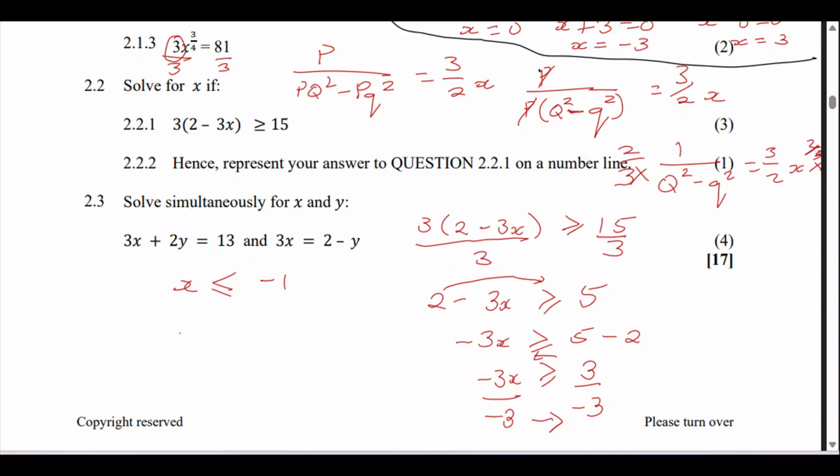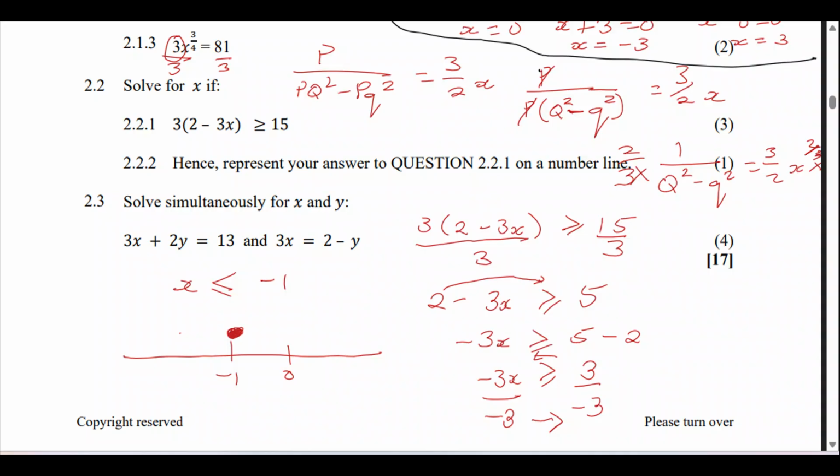Now they say, hence represent your answer on a number line. What does this mean? This means that x is less or equal to minus 1, right? So on our number line, we have your 0, your minus 1. It said it's less or equal to minus 1. Since it's equal, we shade our dot.